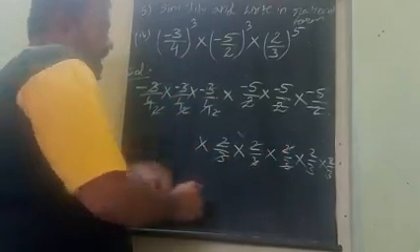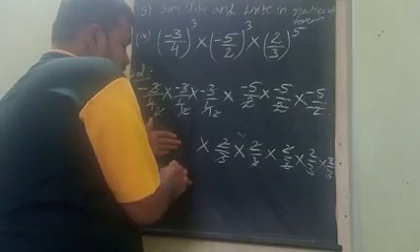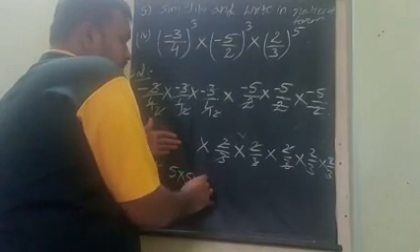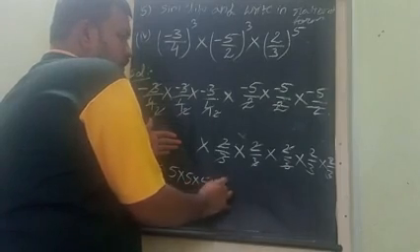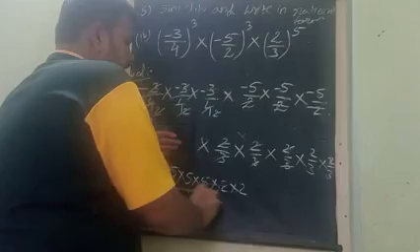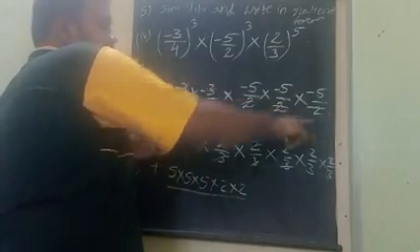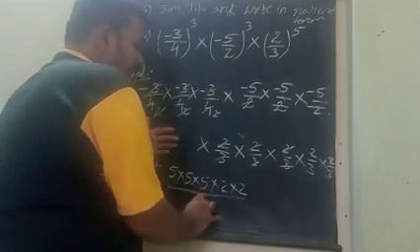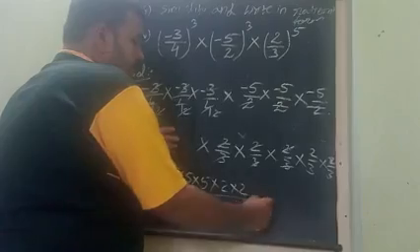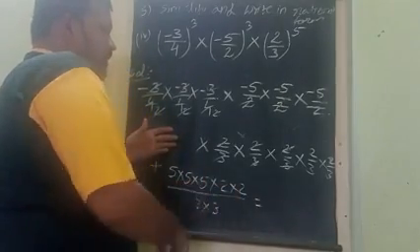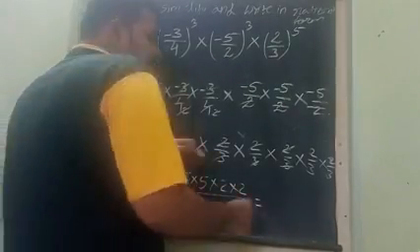So the numerator has 5 into 5 into 5 into 5 into 2 into 2. Coming to the denominators, the first one is not there, second not there, third not there, fourth, fifth, sixth, 7, 8, 9, 10, the last is 3 into 3. So multiply that once. 5 2s are 10, 5 2s are 10. 10 tens are 100 into 5, 500 by 9.